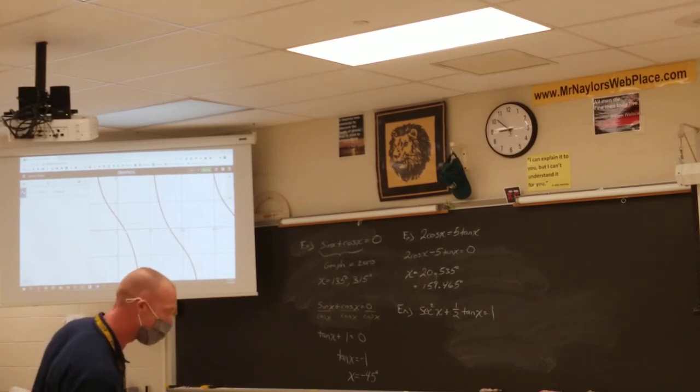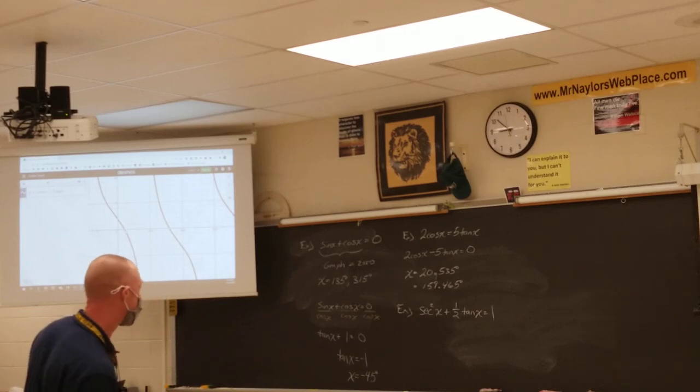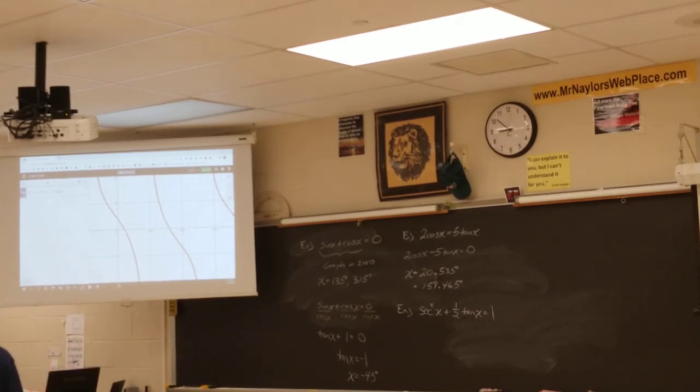So you'll have to subtract 1 from both sides. Also, don't forget your 1/2 that's in front of tangent. Make it either y equals, or don't put that at all. You don't need the y equals.